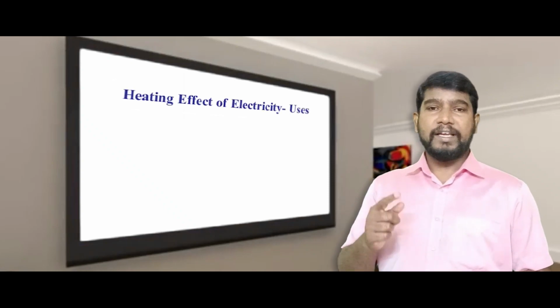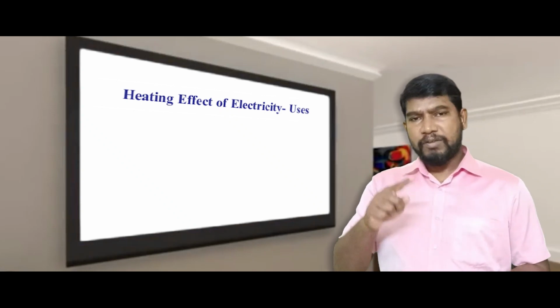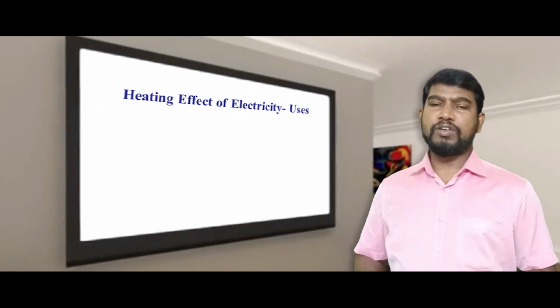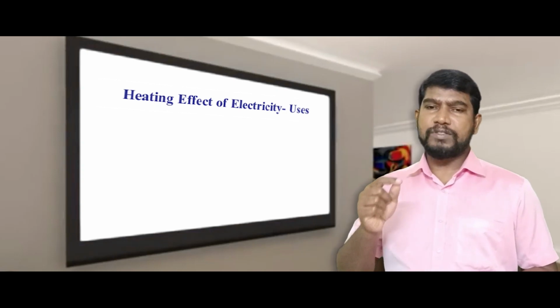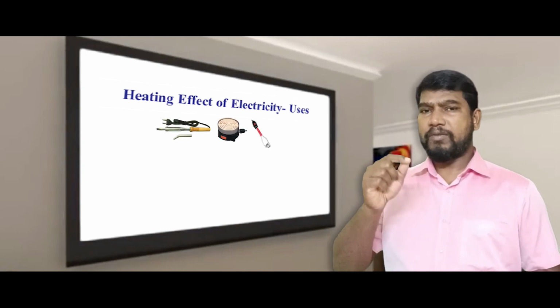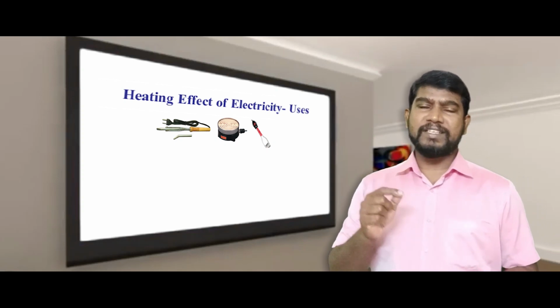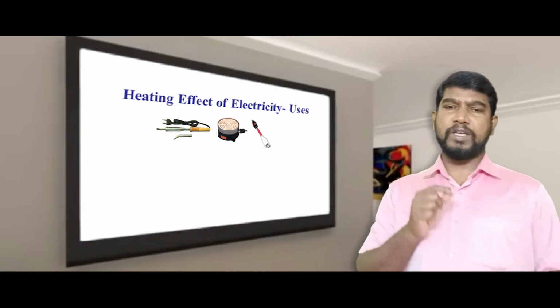Today we have discussed important things about the heating effect of electric current. First we saw the heating coil, the equipment used for heating, and the material we use for a heating coil is nichrome. Why is nichrome used?